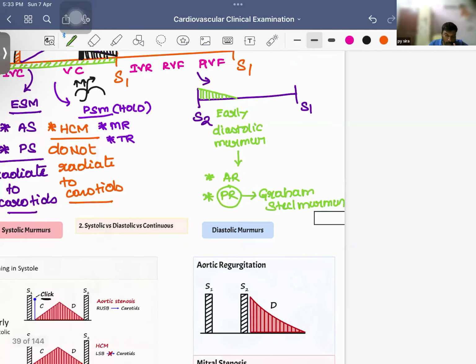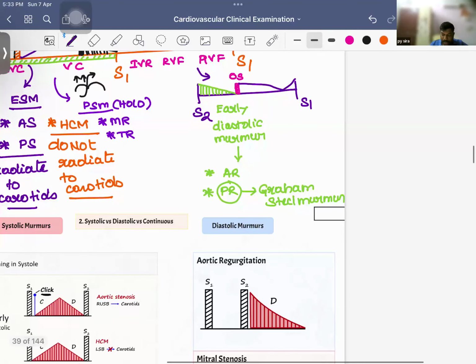Then I told you, immediately after the period of isovolumetric relaxation, there is opening of the mitral valve, and that is increased whenever the pressure in the left atrium increases, and that is called the opening snap. After the opening snap, these patients will have a murmur like this and like this.